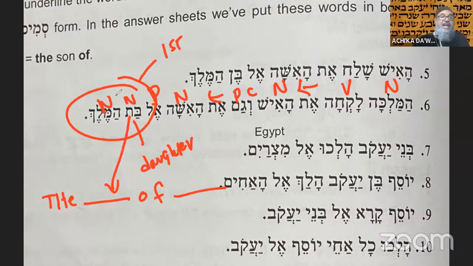And she doesn't have an a on the end. She doesn't have an eem on the end. She's not masculine. And then you got the ha and malek, the king. So what happened? The queen, she took the ha-ish, the man, and also the ha-isha, the woman, to the daughter of the king. You guys see that?